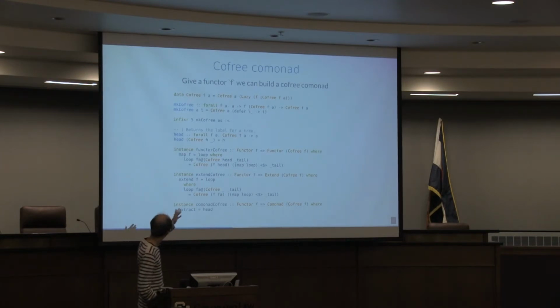So in the functor instance, the f function has access to each value. In the extend, you have access to the whole Comonad, and the extract is taking the head. So it's really the same as it was in the previous slide.